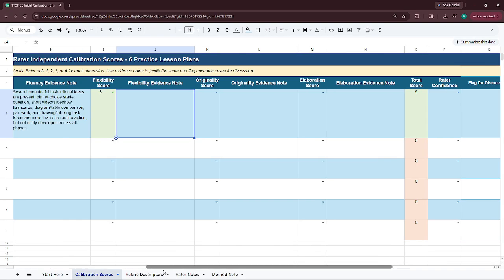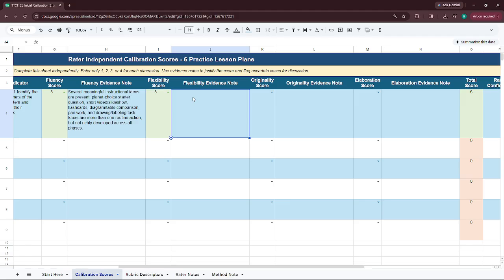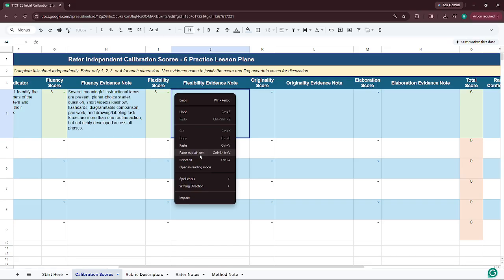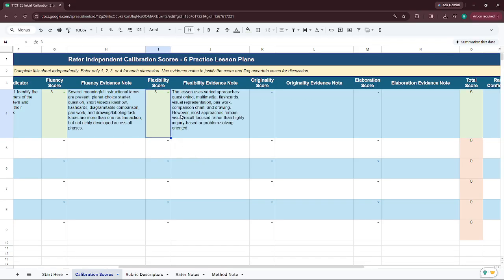Even though the learners were partially active in it, it doesn't suit the fourth dimension. So the note I'm going to leave for this one is this. The lesson uses varied approaches such as questioning, multimedia, flashcards, visual representation, pair work. However, most approaches remain visual recall focused rather than highly inquiry based or problem solving oriented, right?